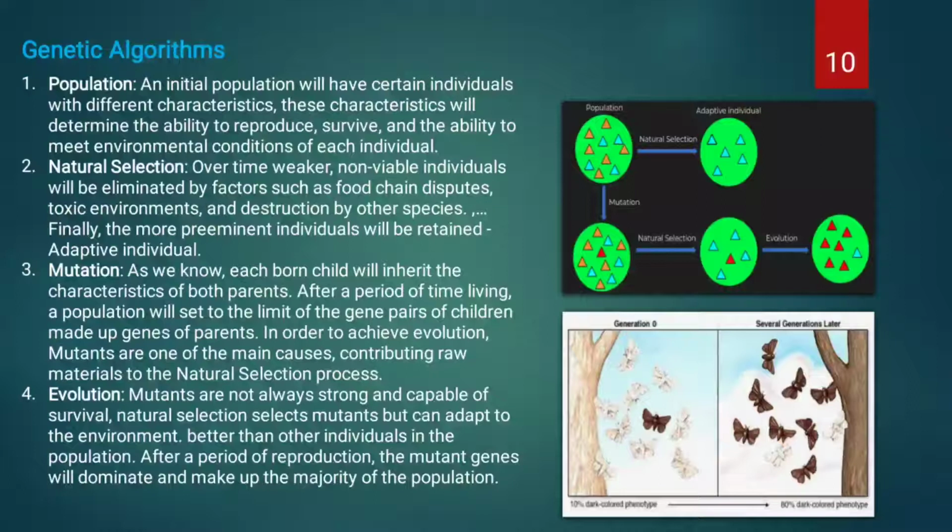Mutants are not always strong and capable of survival. Natural selection selects mutants that can adapt to the environment better than other individuals in the population. After a period of reproduction, the mutant gene will dominate and make up the majority of the population.